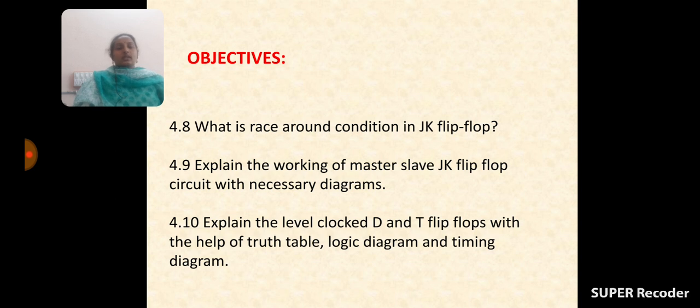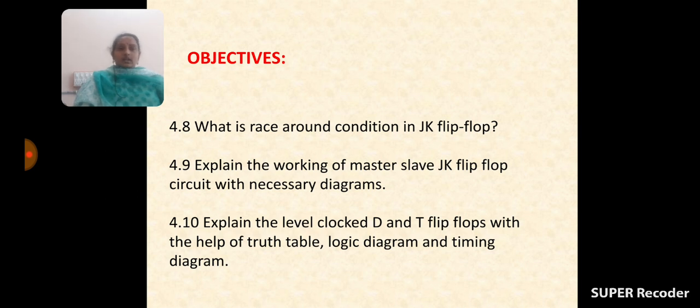By applying the clock pulse across the clear input, the whole output of the flip-flop is cleared, means we get Q equal to 0. Even though the main inputs are present, irrespective of the main inputs, if we apply the pulse across the clear input, the output is equal to 0.